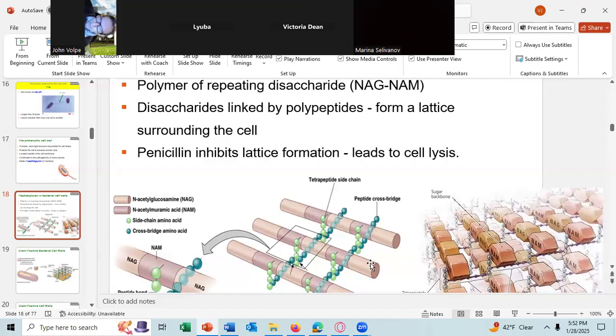It's something like 3 to 20 for a gram-negative cell. That's how many layers a peptidoglycan is. And then for a gram-positive bacteria, they'll have more than 20, up to at least several hundred, maybe several thousand layers of peptidoglycan.